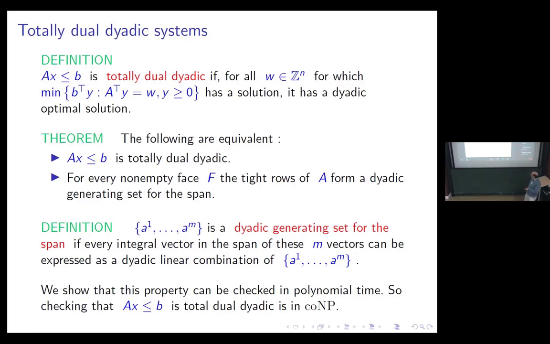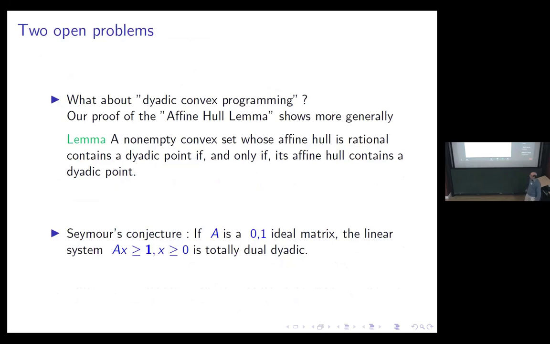Okay, and I'll just finish with two open problems, and there are many more. An interesting direction might be, what about more generally dyadic convex programming? Because one of the nice things is our affine hull lemma saying that a polyhedron contains a dyadic point if and only if its affine hull contains a dyadic point.